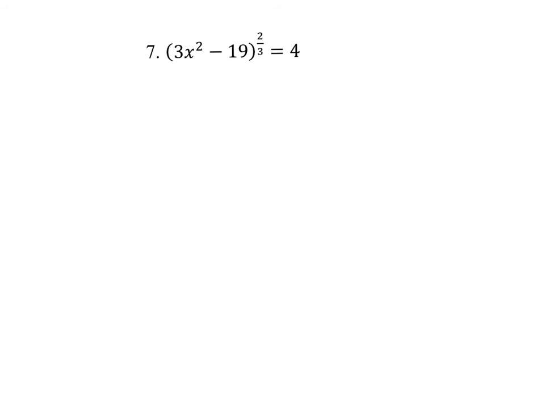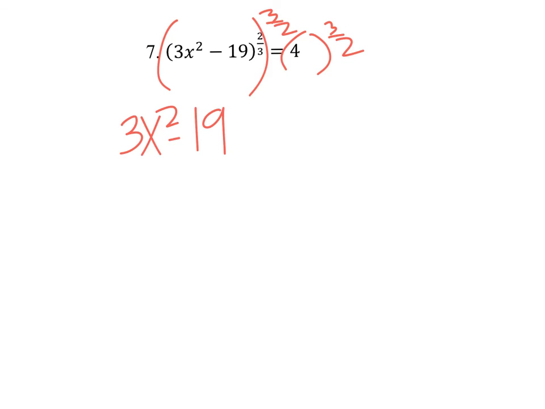We'll do number 7. We're going to do the same thing we did a while ago. I want to make sure I get rid of that 2/3 exponent. So I'm going to raise it to the 3/2 power to undo it on both sides. So I have 3x squared minus 19 now, because that's all raised to the first power. So this just gets to stay as 3x squared minus 19. But over here I have 4 to the 3/2 power.